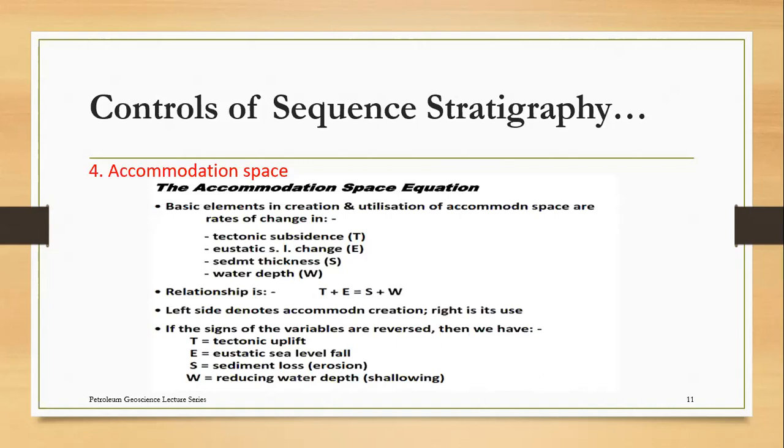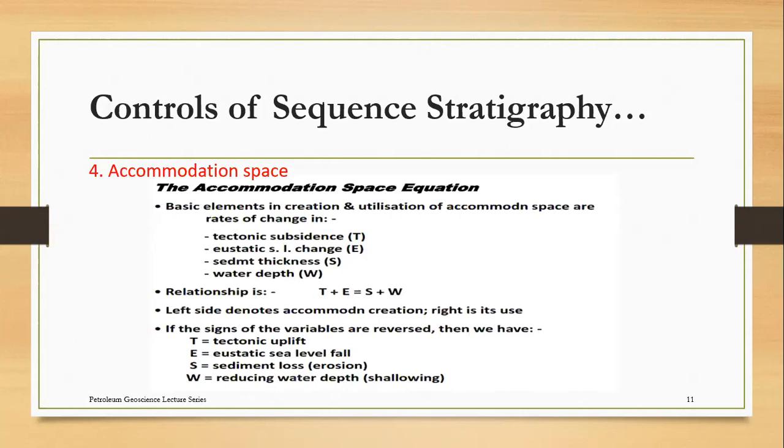Yes, I'm following. So if you put that in mind, you now begin to look at the fact that something created the accommodation space and something is going to take it up. When accommodation space is being created, you expect subsidence to increase accommodation space. But when it's uplift, instead of increasing accommodation space, it's going to reduce it.